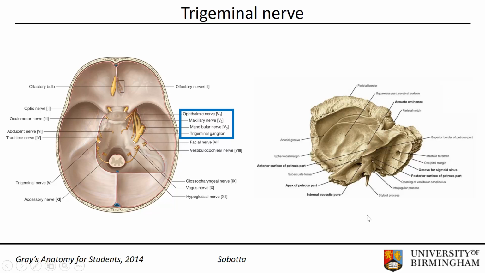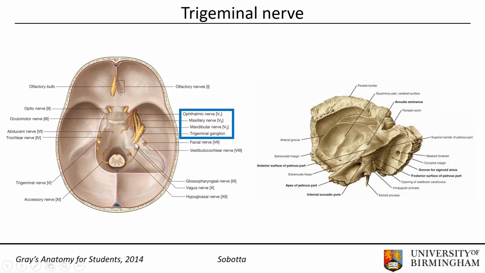On the right side, we have the internal aspect of the temporal bone, and here we can see the petrous portion, and where the roots are taking the path to get into the middle cranial fossa.